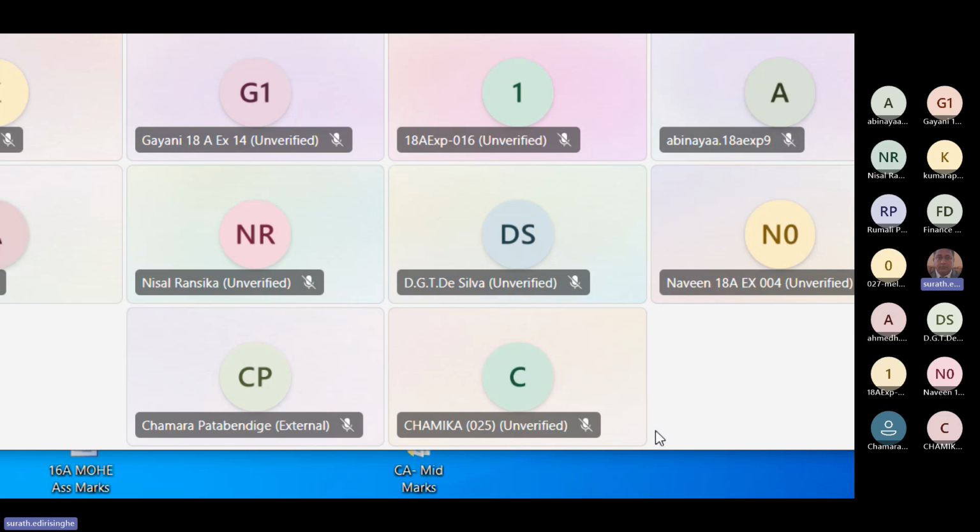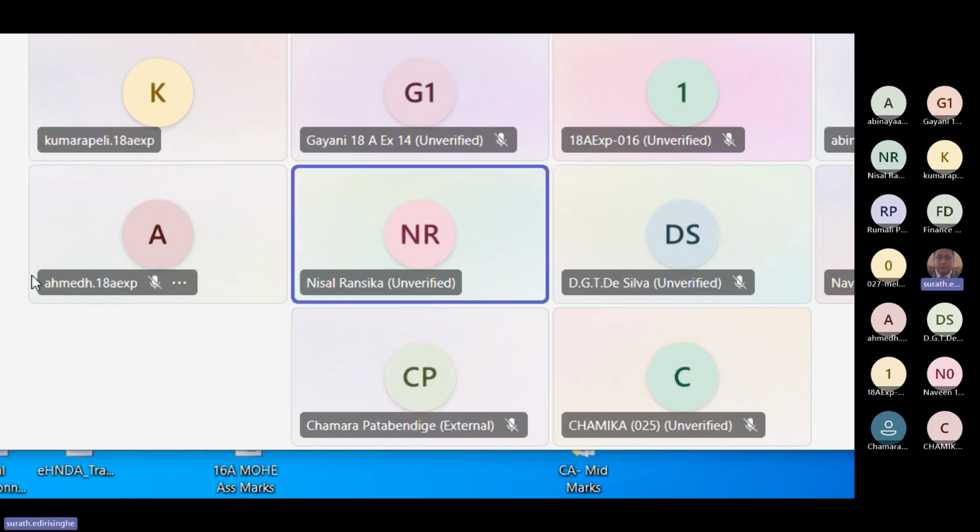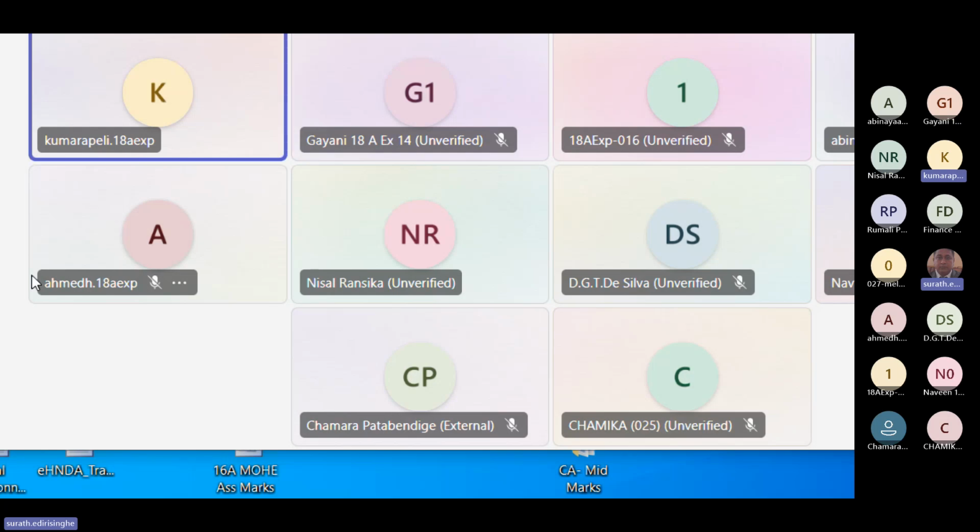Only the students are in the class. That's why I told you, if you ask them, actually Nisal, Jivanta. Yes, sir. What's your name? Actually, you are Kumarapeli, no? Okay. Yeah, sir, that is my surname.